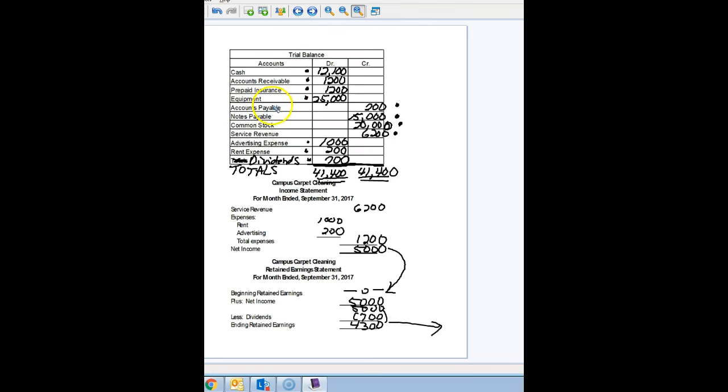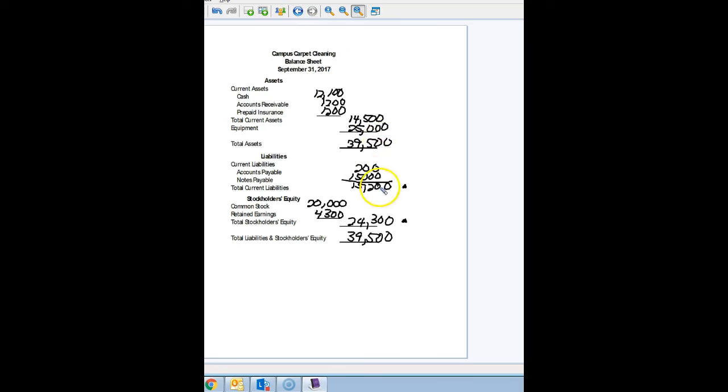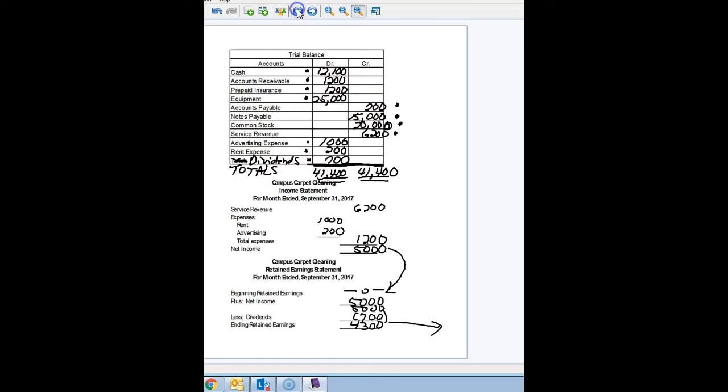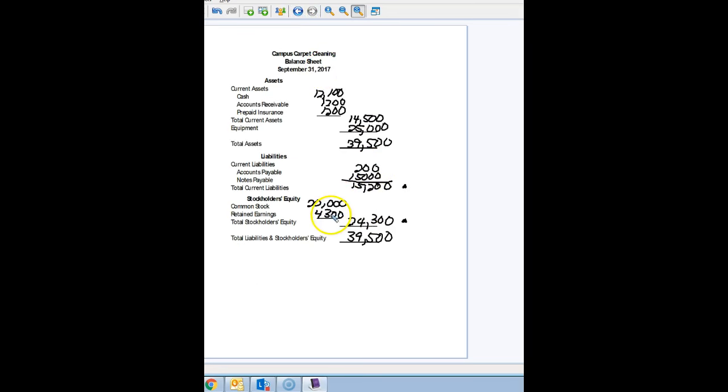Accounts payable, we have 2 accounts and notes payable. We list those out. Total current liabilities, $15,200. And then the common stock, $20,000. Bring that over. We already had the $4,300, and our assets equals our liabilities and stockholders' equity. So that's the complete accounting cycle.